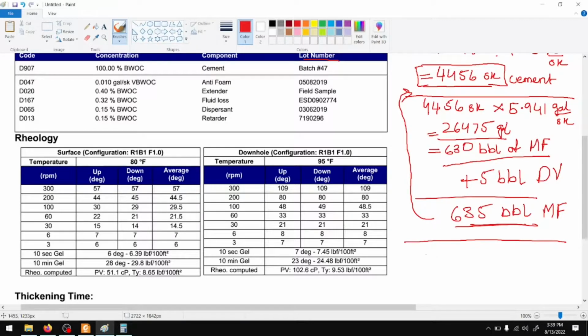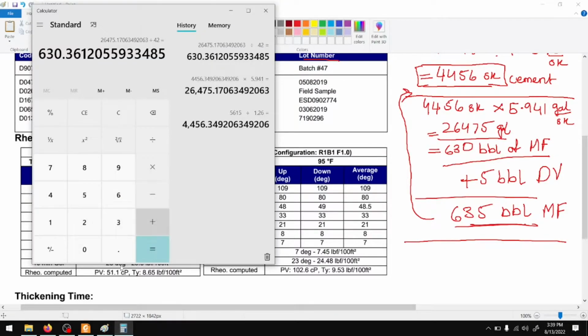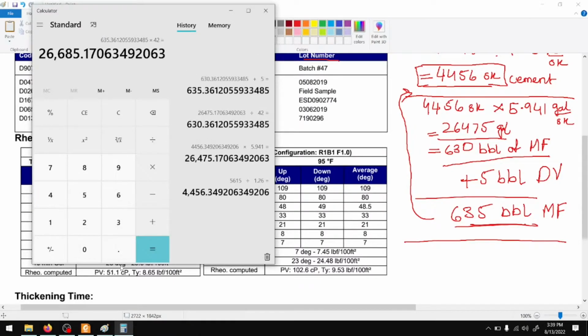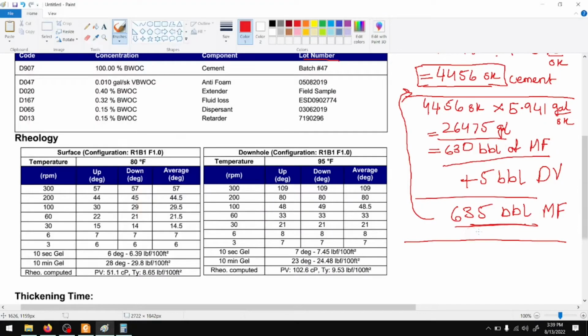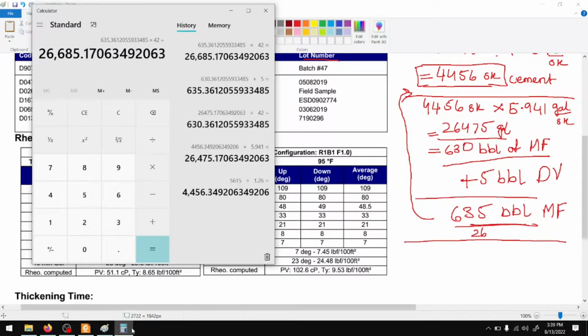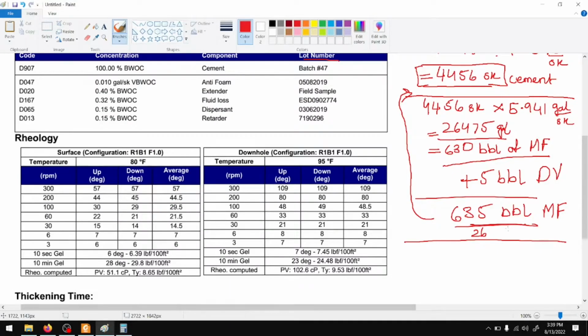So we would add 5 here, it gives 635, and then we multiply that by 42 to get your mixed fluid in gallons, which is 26,685 gallons.